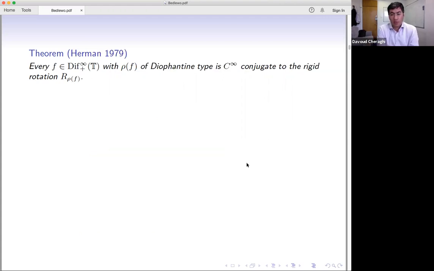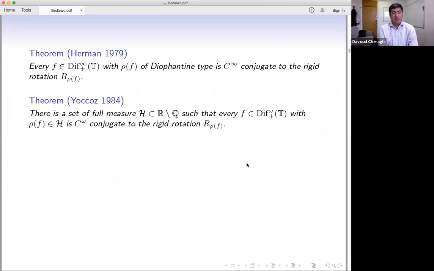The first one that I would like to mention is for smooth maps. It's a result of Herman that says, if f is a C infinity diffeomorphism and the rotation number satisfies a Diophantine condition, then the map is C infinity conjugate to the rigid rotation. The second result is very similar.